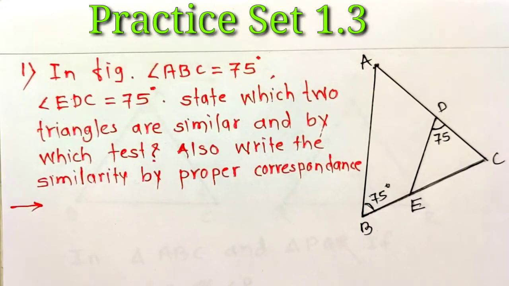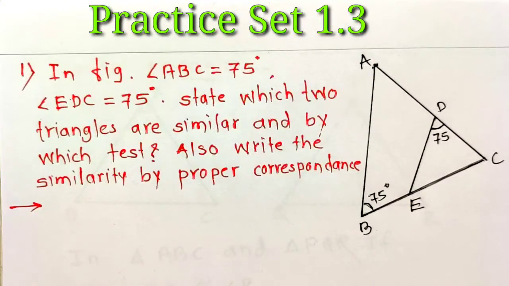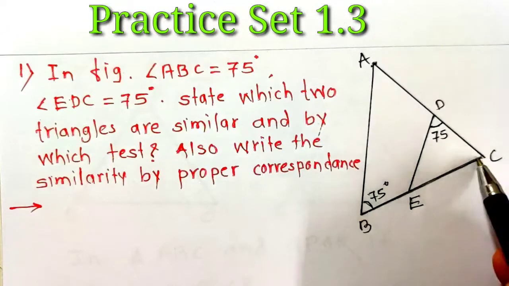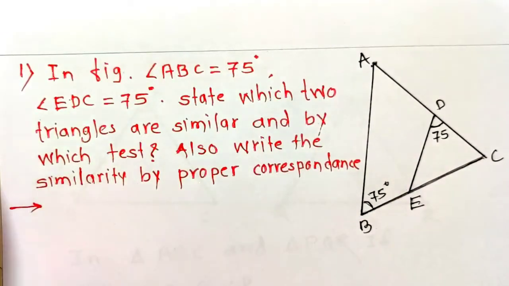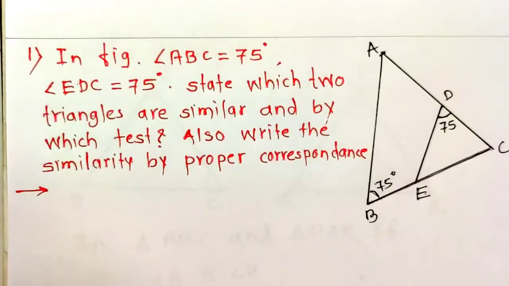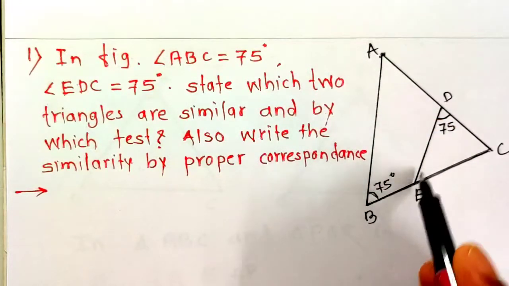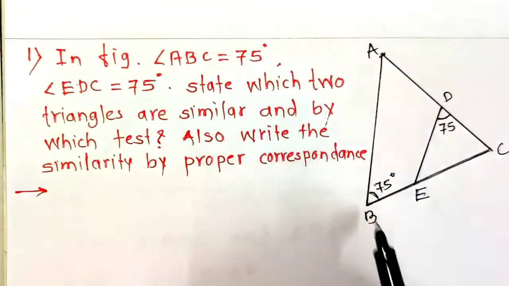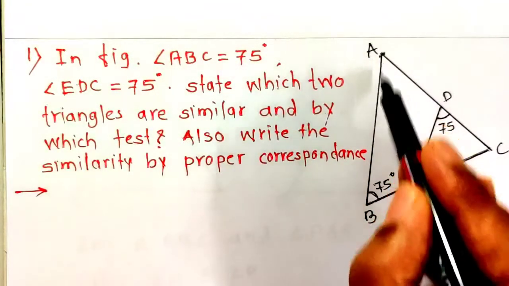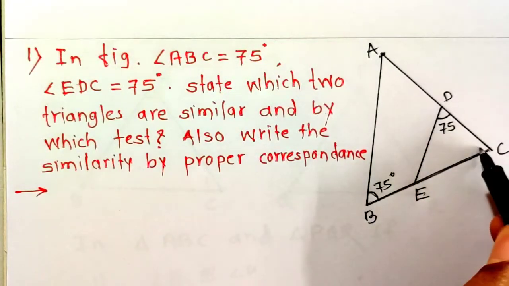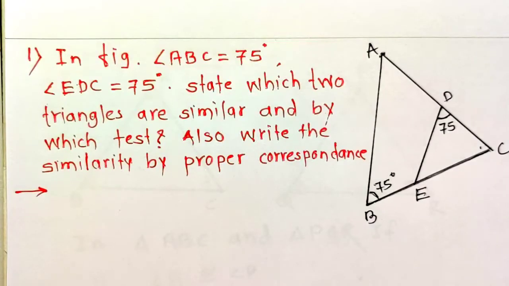So we have to observe the figure and write which two triangles are similar. We have to prove that triangles are similar and by which test. So here, in triangle ABC and triangle EDC, angle ABC is congruent to angle EDC, each 75 degrees, and this C is the common angle for both.